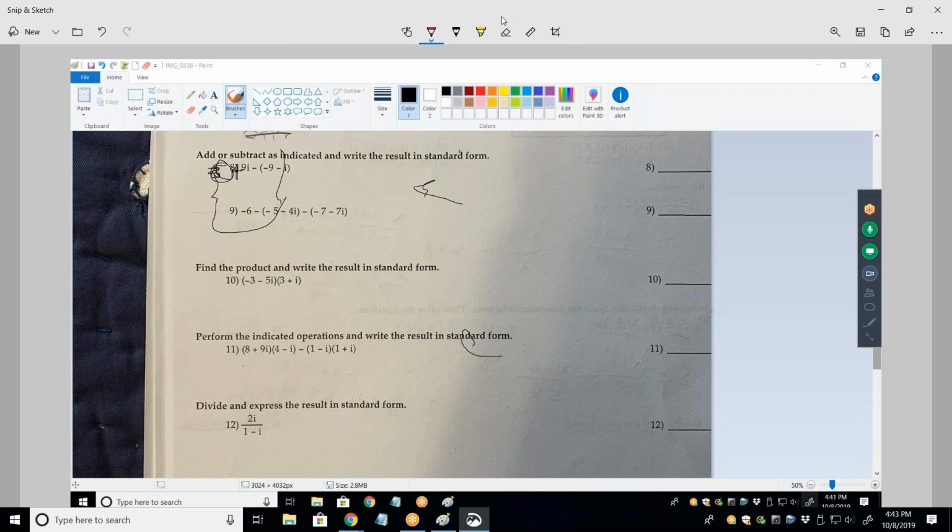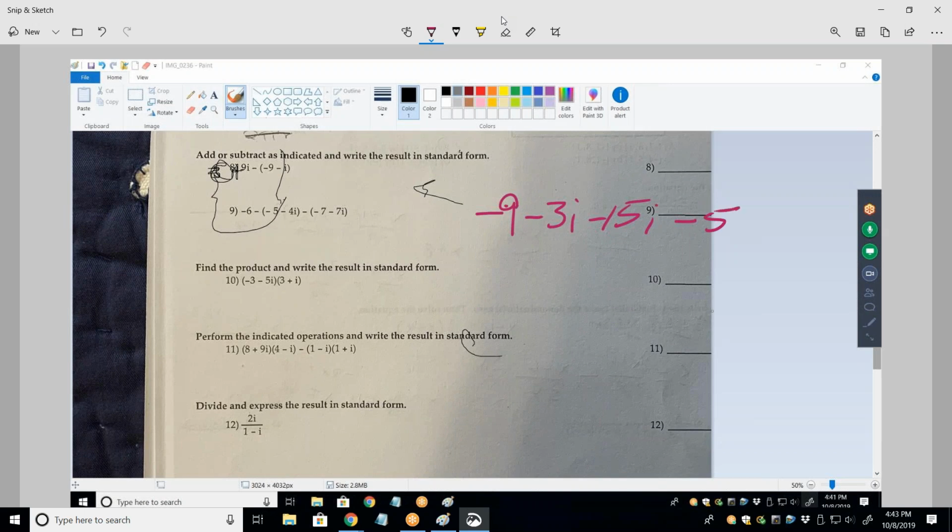You would do -3 times 3. So that's -9. Would you FOIL it? Just FOIL it. So it'd be -9 minus 3i minus 15i minus 5i squared.